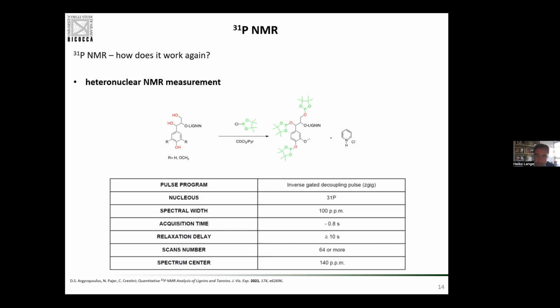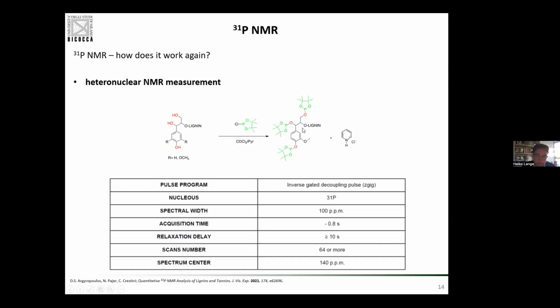So we can phosphorylate primary, secondary, and even the phenolic OH groups. Running the correct protocol, we can be sure that this phosphorylation is more or less quantitative on all the different types of OH groups.